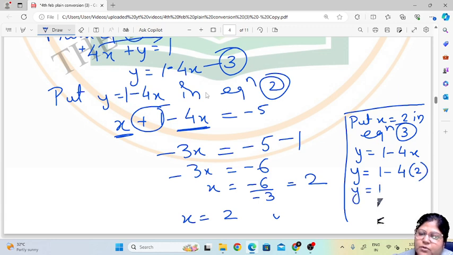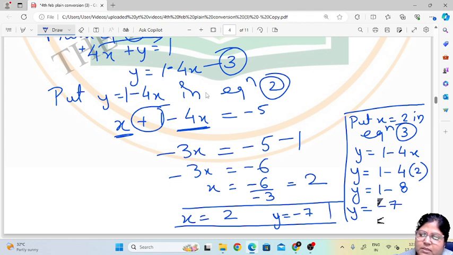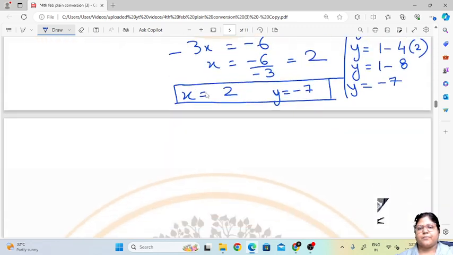So y equals 1 minus 8. How much is 1 minus 8? Which is minus 7. So at the end you will write x equals 2, y equals negative 7. This is the value of x and y with the method of substitution.